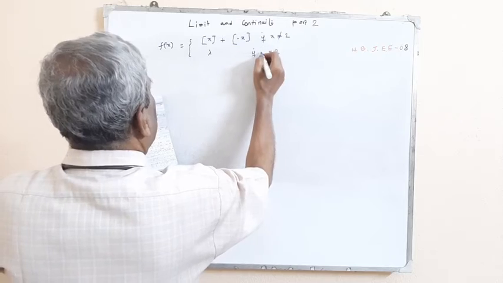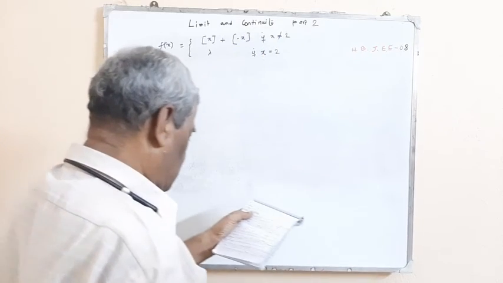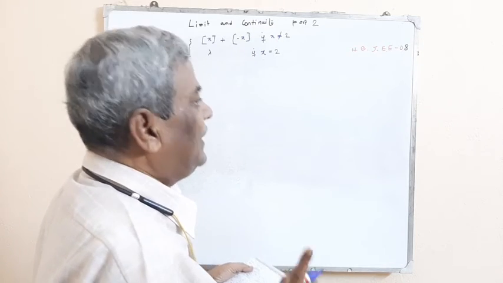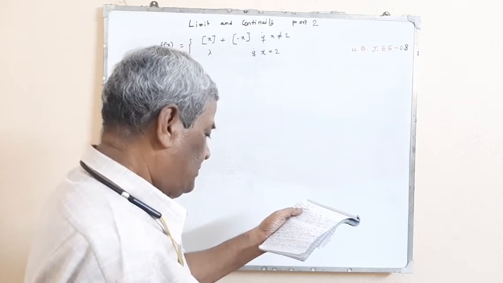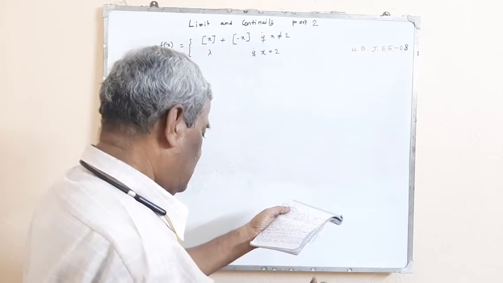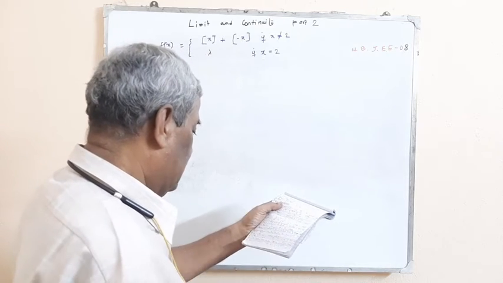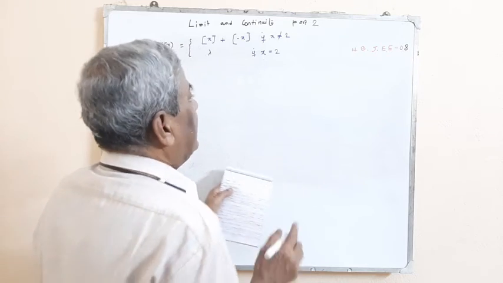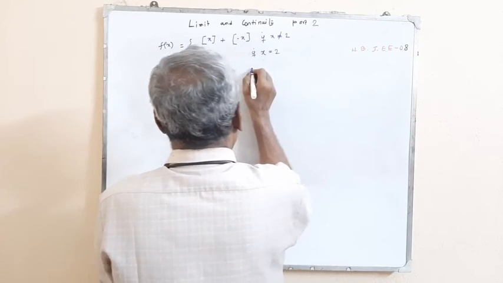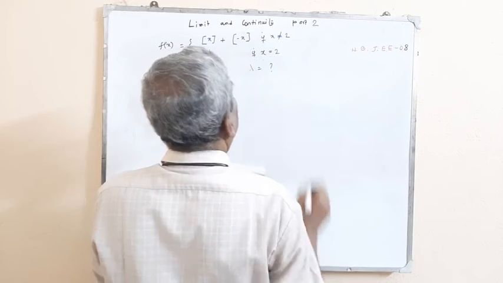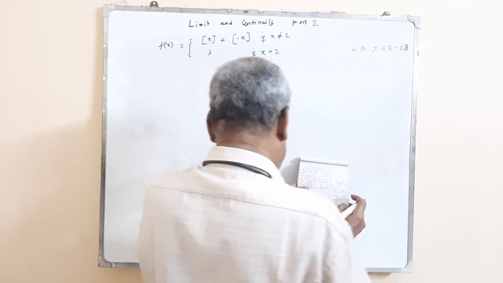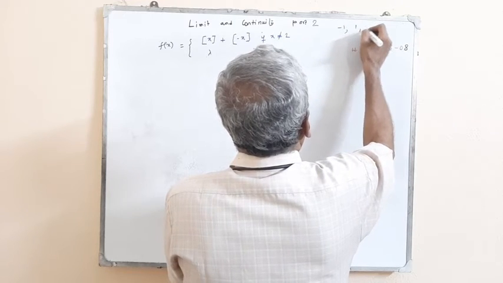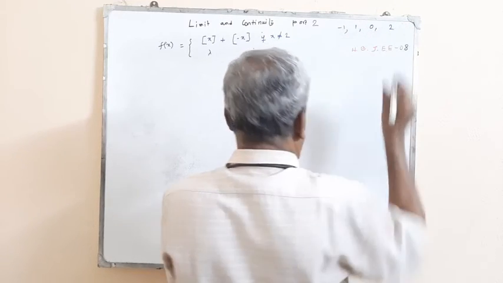If f(x) is continuous at x is equal to 2, then the value of lambda is? Options: minus 1, 1, 0 and 2.